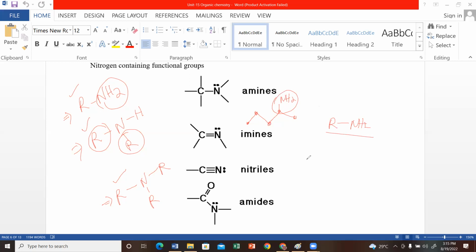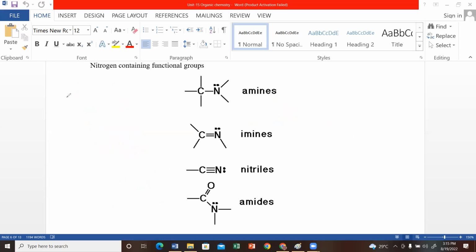Let us do another example. If we have this sort of chain, now the first criteria to find out the functional group I would suggest is to find the heteroatom. In this compound, the heteroatom is here nitrogen.